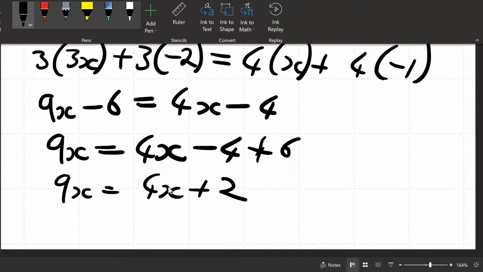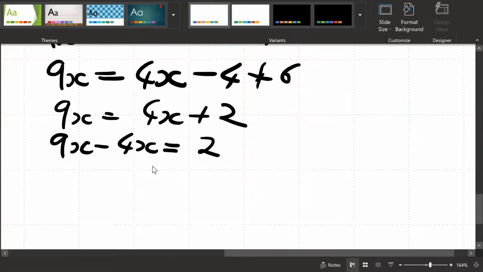Now we need to get this 4x over to this side, so we subtract 4x from both sides. We end up with 9x minus 4x equals just 2.